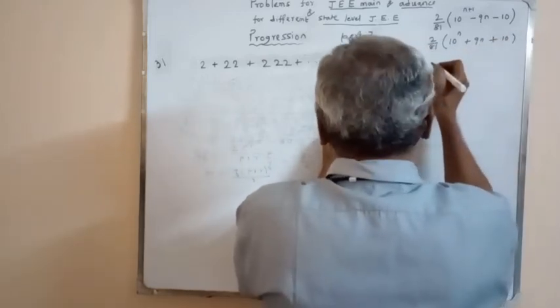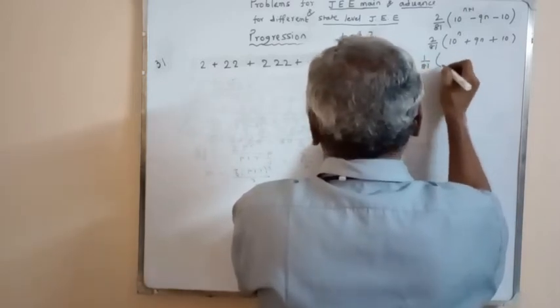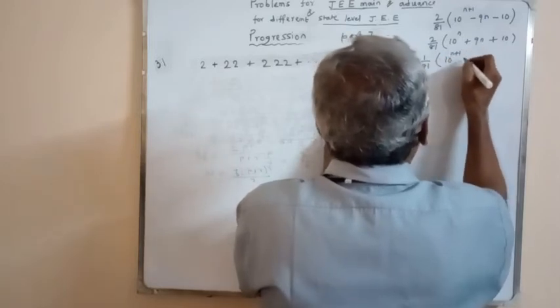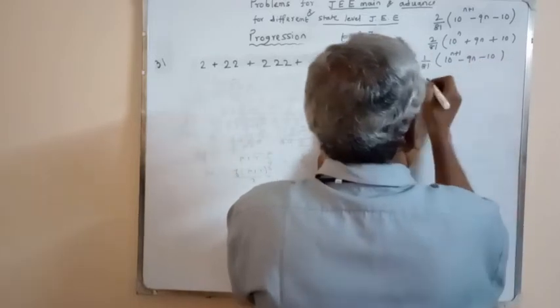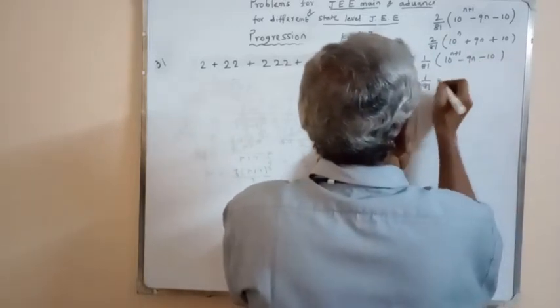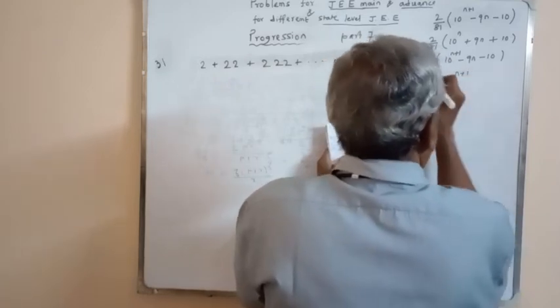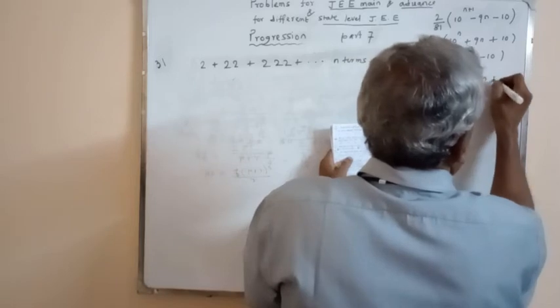Next option is 1/81 into 10 to the power n plus 1 minus 9n minus 10. And last of all, 2 by 81 into something minus 9n plus 10.